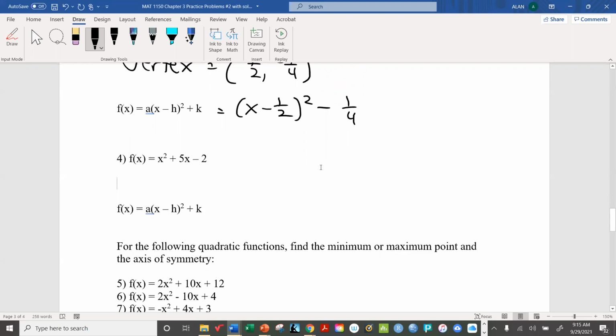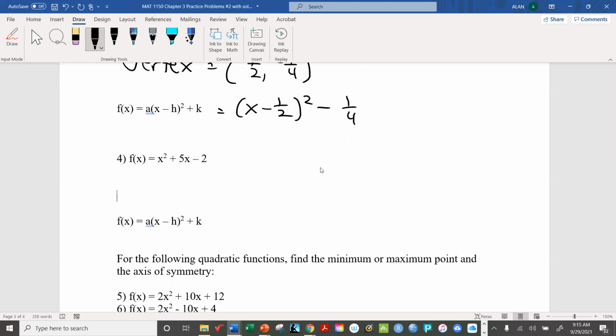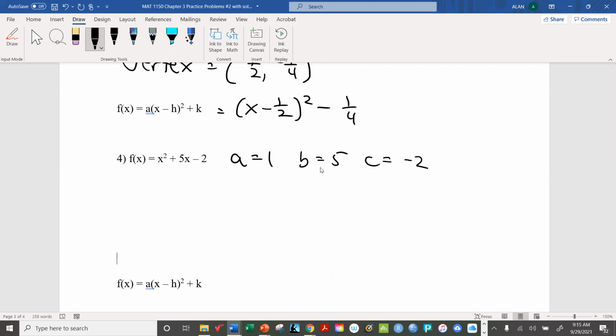All right, here we go. First things first, A is 1, B is 5, C is -2. Okay, H is -B over 2A.